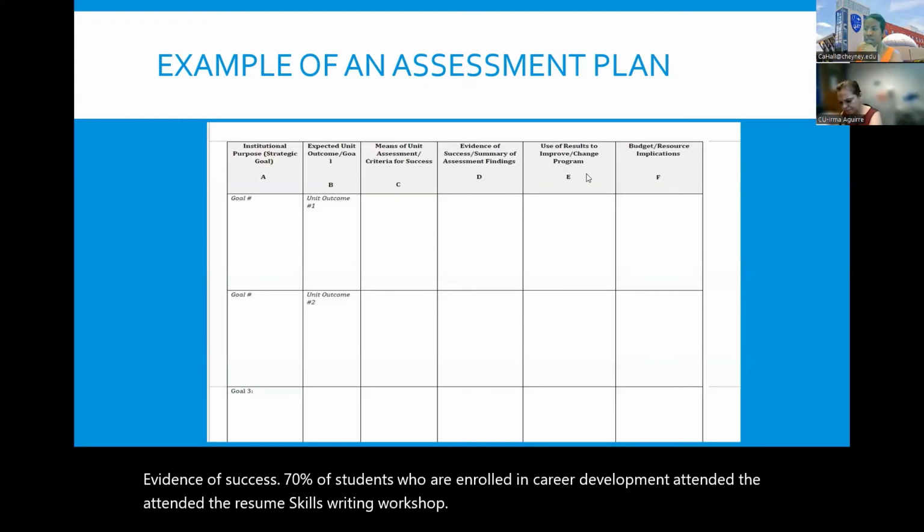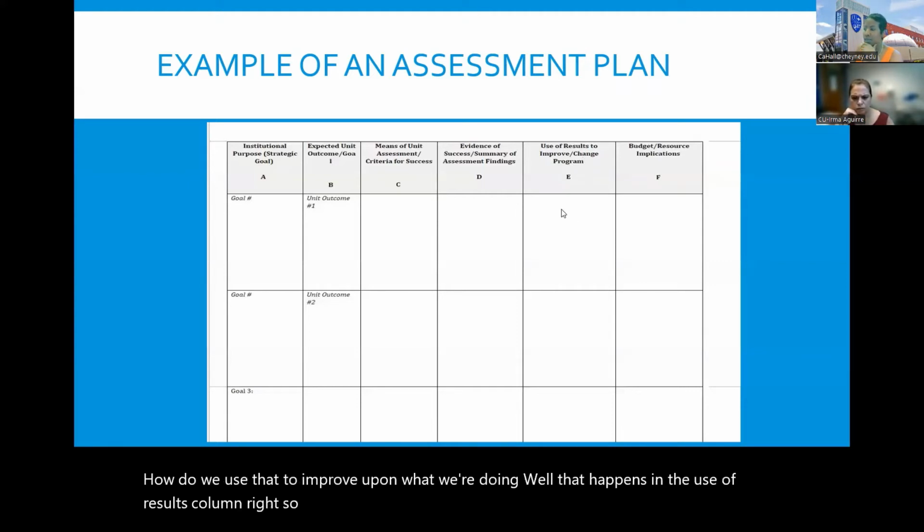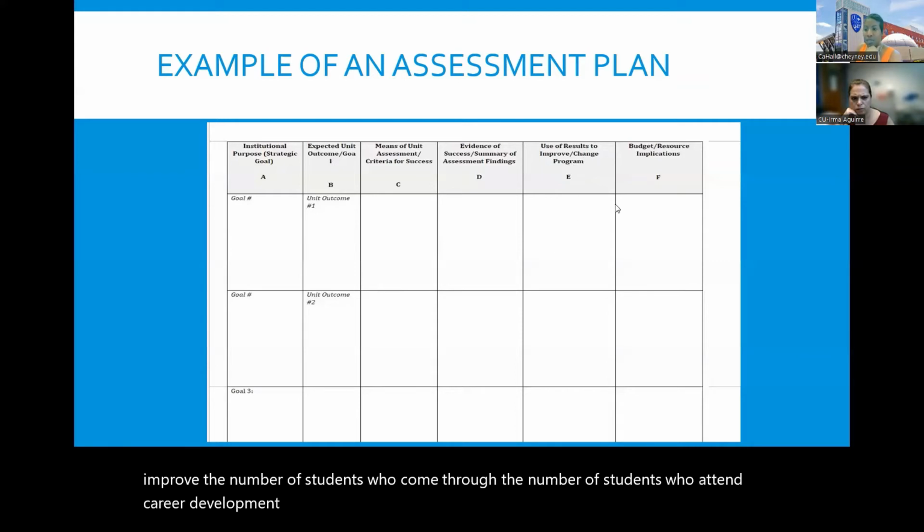Well, how do we use that to improve upon what we're doing? Well, that happens in the use of results column, right? So when you get to the use of results column, you may say, the plan is to improve the number of students who attend career development workshops by 20%. How do we plan on doing this is also in the use of results, right?